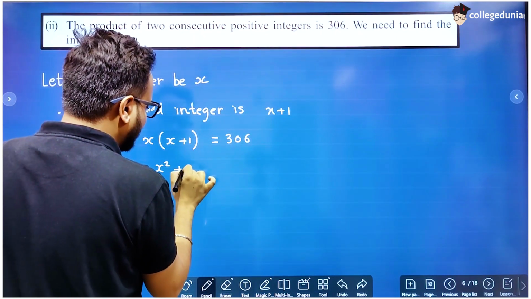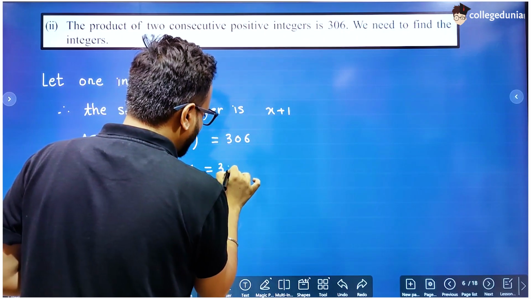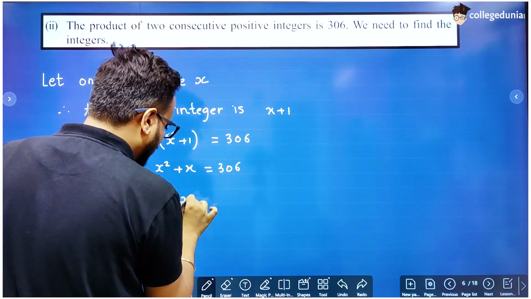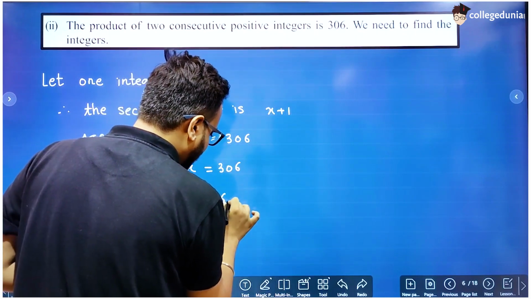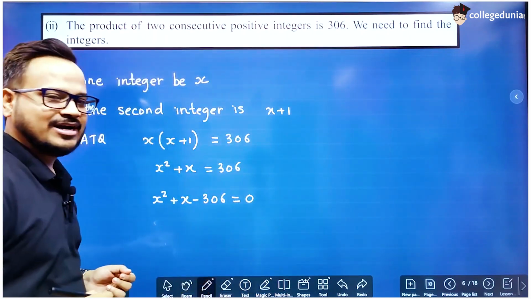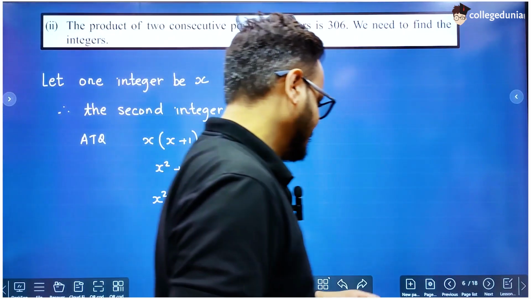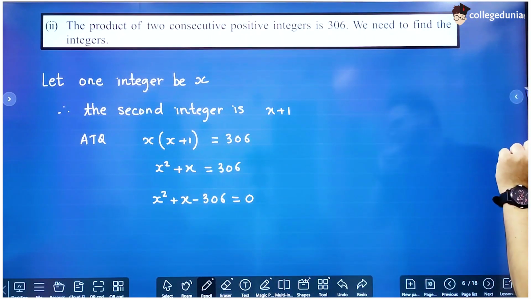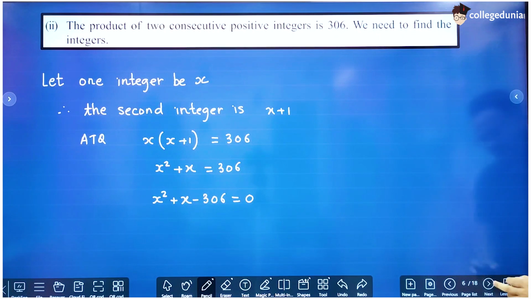So x square plus x equal to 306, or x square plus x minus 306 equal to 0. That is the quadratic equation, and if you solve this quadratic equation you can get the values of these integers.